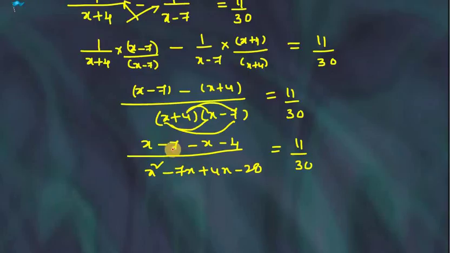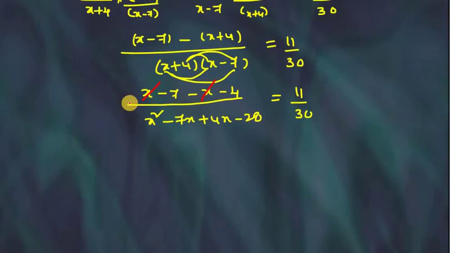As simple as that. Plus and minus x cancel out, so you are getting minus 11 by x square. This can be added, so you will get minus 3x minus 28, is equal to 11 by 30.